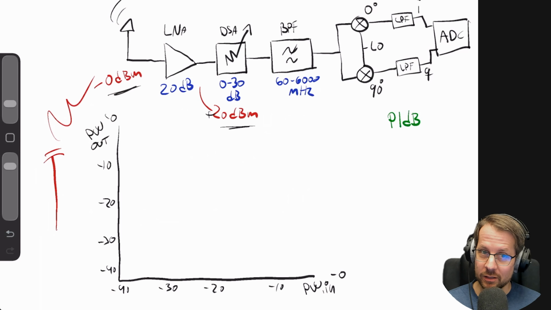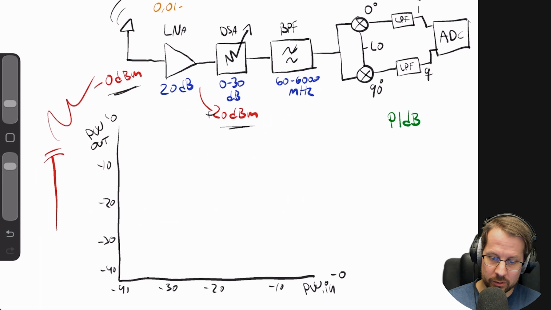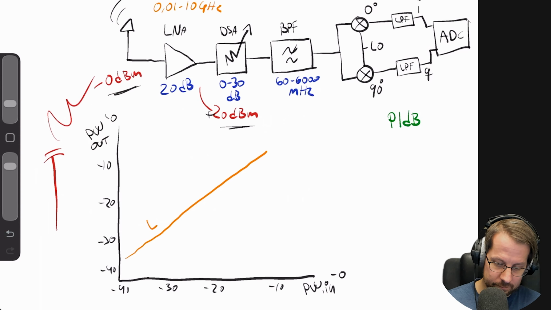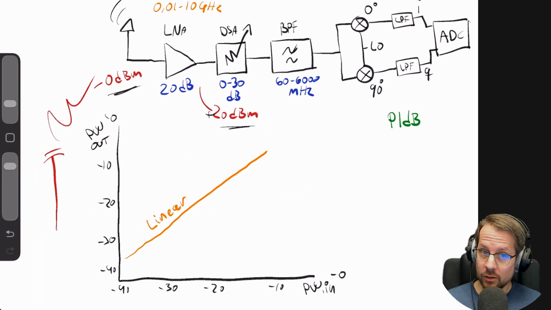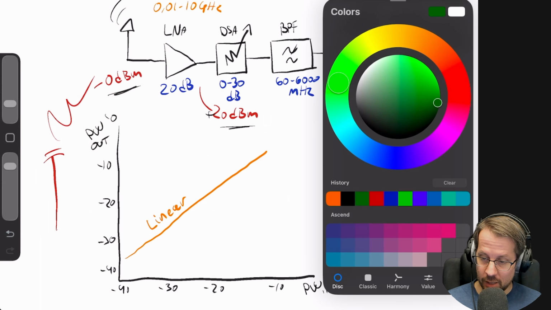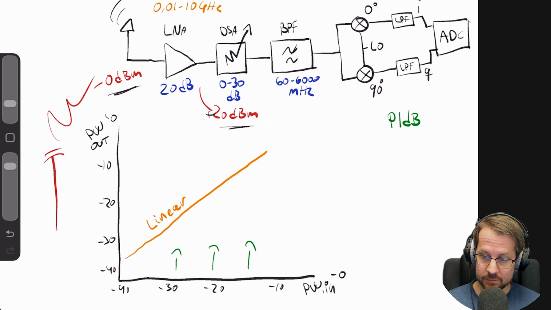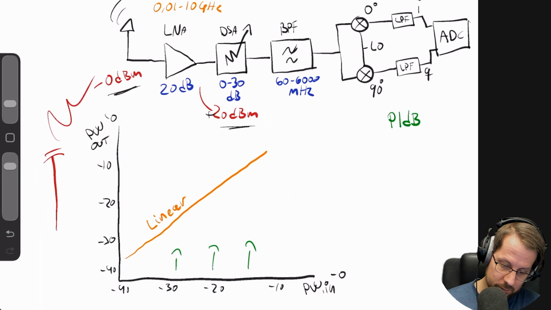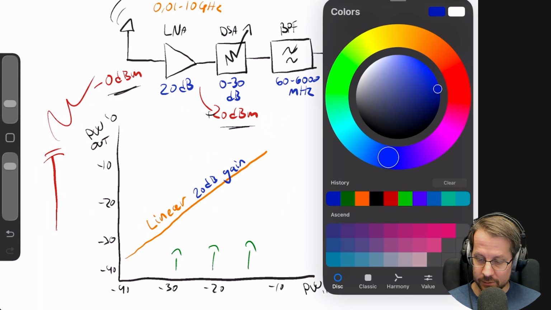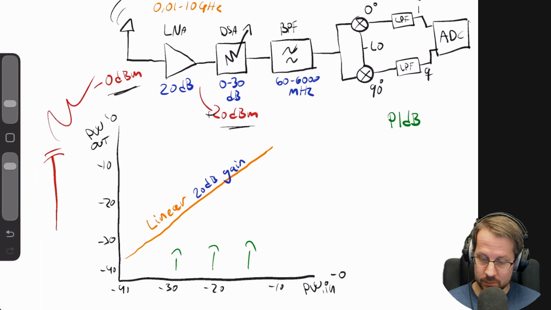For this particular amplifier, I think it's 0.01 to 10 gigahertz. It will add 20 dB, like a linear line. So this is linear. Whatever signal we push in, it will add 20 dB of gain. Well, it comes to a point where the amplifier doesn't have any more headroom.